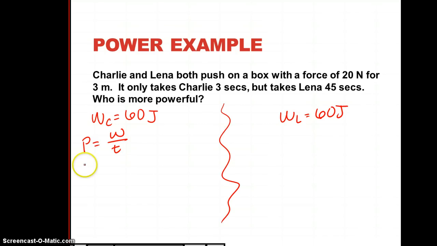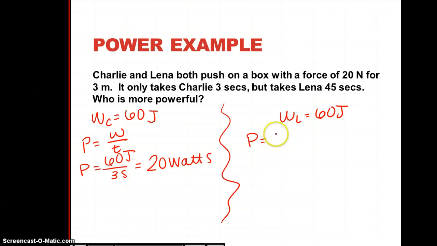We know that here we have power equaling, for Charlie, 60 joules divided by 3 seconds, which would equal 20 watts. Over here, for Lena, we know the power is going to equal work divided by time as well. The power equals 60 joules.